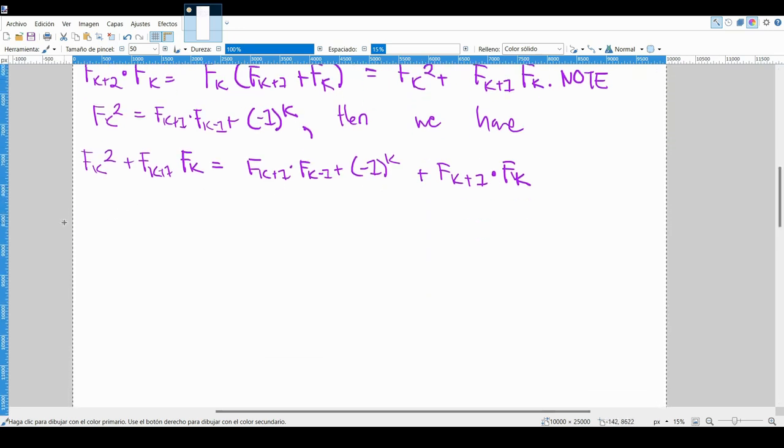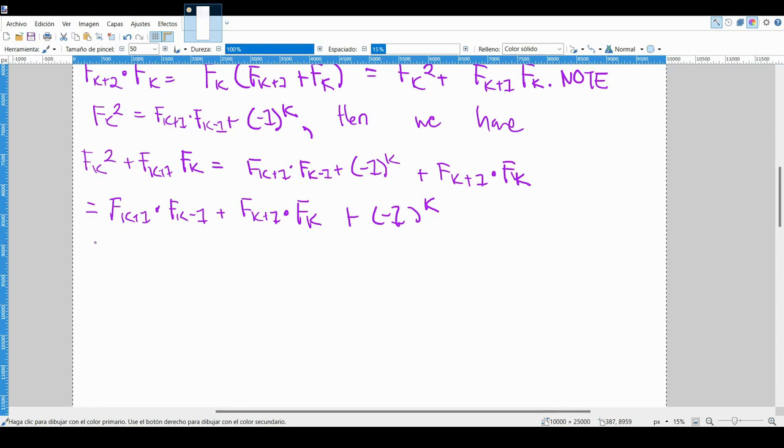So we'll have fk plus 1 times fk minus 1 plus fk plus 1 times fk plus negative 1 to the kth power.